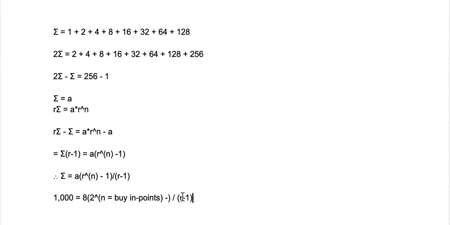Yep, this would be 2 in this case if we want to double. So this would just be 1. Okay, and then we just leave it like that. And you plug this in, you solve for n, you isolate n, then you get your buy-in points. And it's that easy.